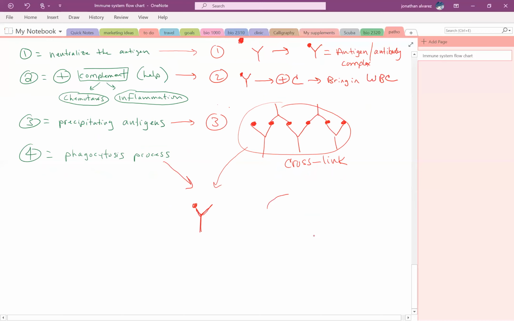And now you'll see why I like my Pac-Man analogy. The big eaters come in. The macrophage. They come in and it literally eats this thing. So now it looks like this.